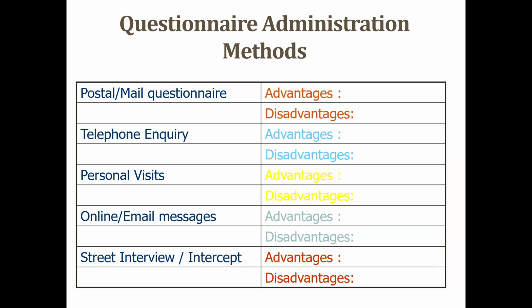What do you think will be the advantages and disadvantages of such a questionnaire administration method? Let's discuss. Can somebody give us one advantage and one disadvantage of using the postal mail approach in administering questionnaires?